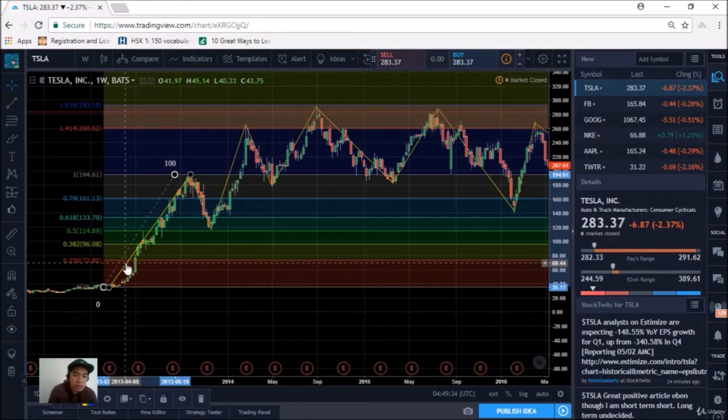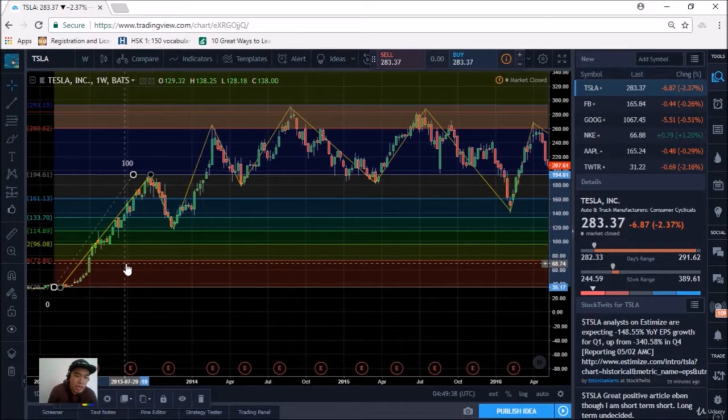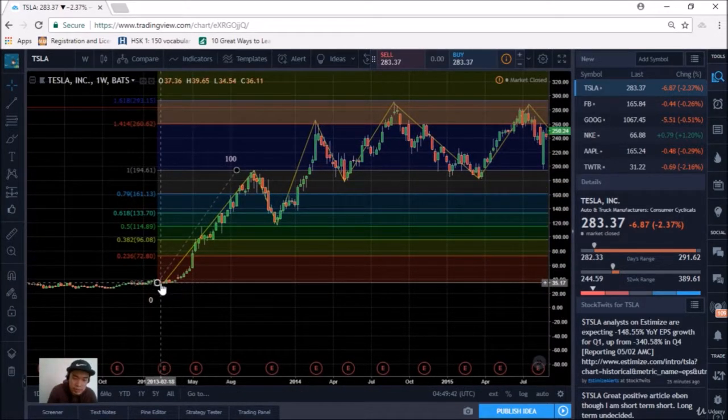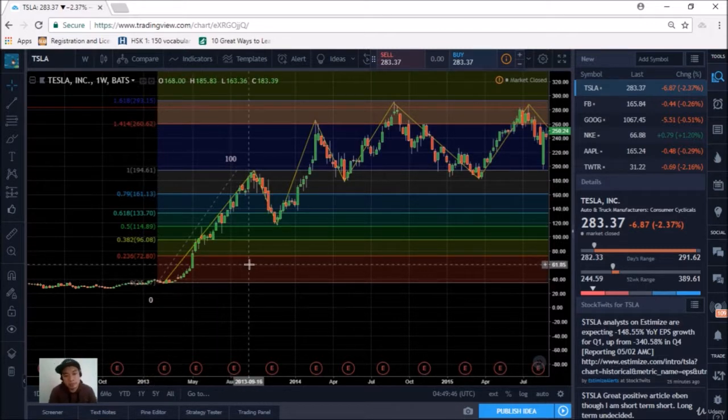What you're going to do next is count the time from this point to the peak, so you have to measure the candles inside here.